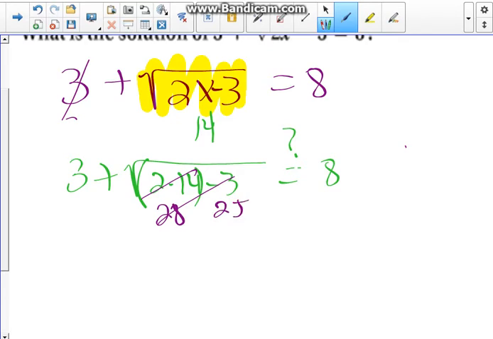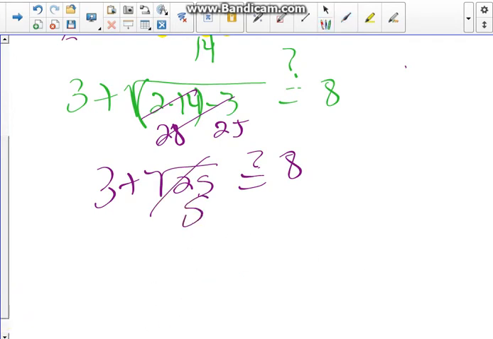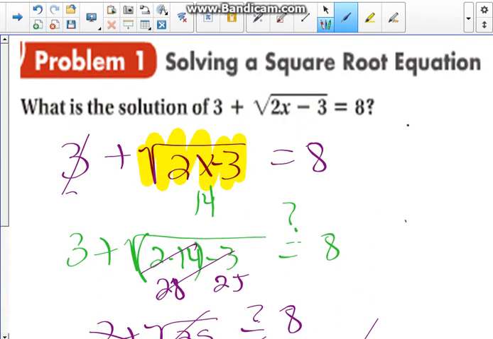So we have radical 25. 3 plus radical 25. Does it equal 8? Excuse me. And radical 25 is 5. And 3 plus 5 is 8. And 8 does equal 8, so it checks out. So our answer is definitely x equals 14.